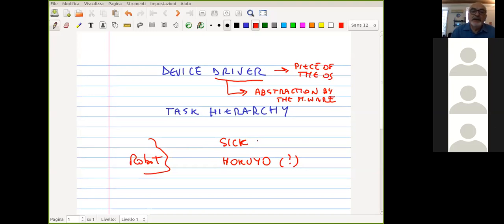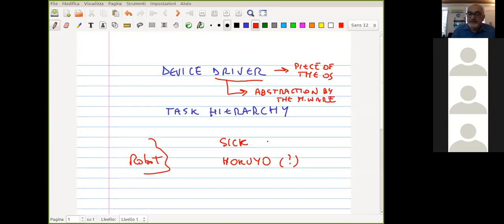SICK is more accurate, has a range of tens of meters, maybe 50 meters or more. Hokuyo generally has a range limited to 10 meters or less. The speed of SICK is much higher, I mean the number of scans per second; Hokuyo is low.